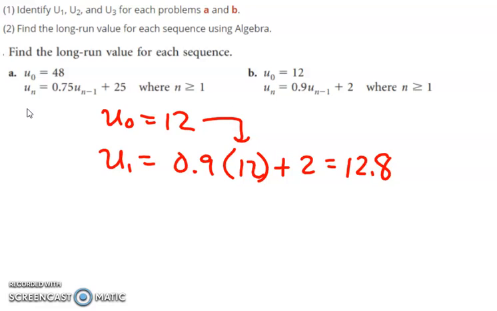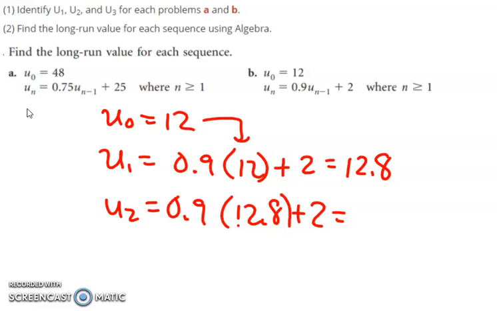So we'll take that answer there, and we will move it to the next line. U of 2 is equal to 0.9 times 12.8 plus 2. That answer is 13.52.